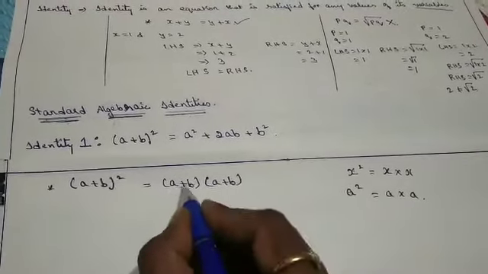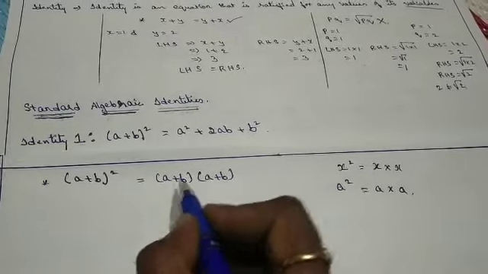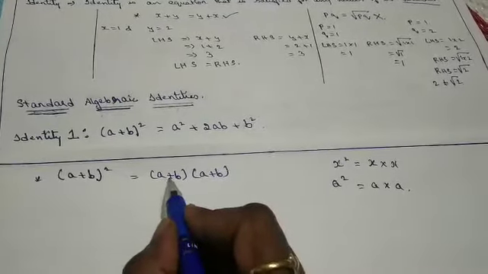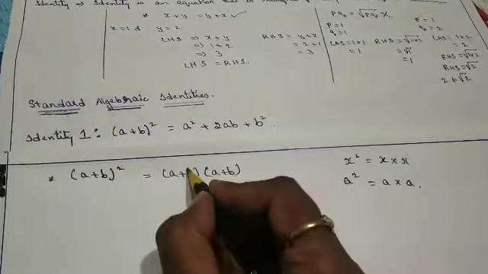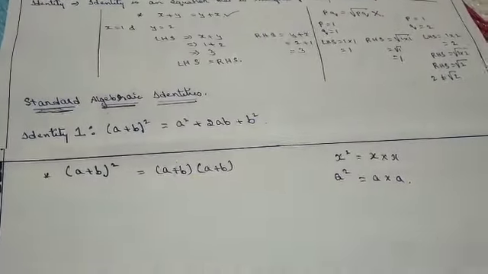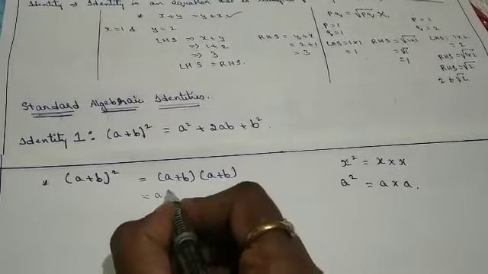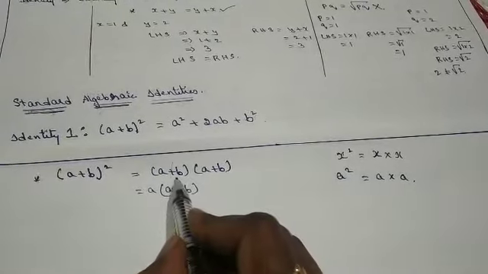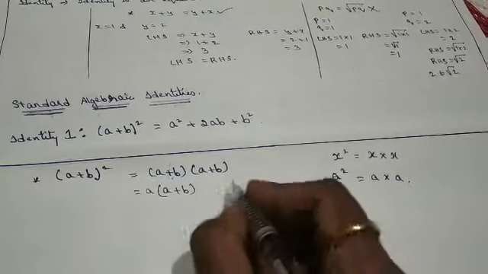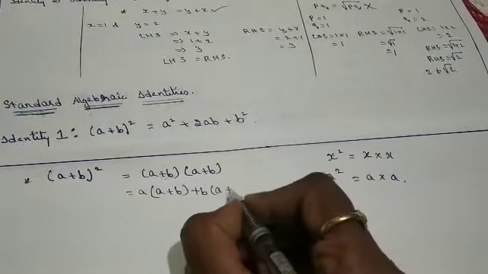Then this is a binomial and this is a binomial. So it's nothing but multiplication of binomial with the binomial. So this binomial, I'll make it into two parts. The first part is a multiplied with another binomial a plus b. The second term of this expression is plus b, multiplied with a plus b.